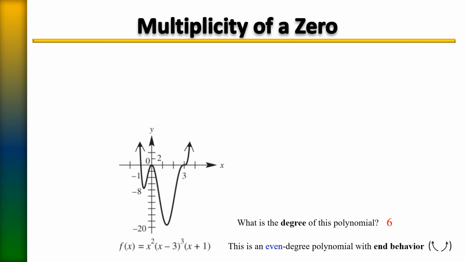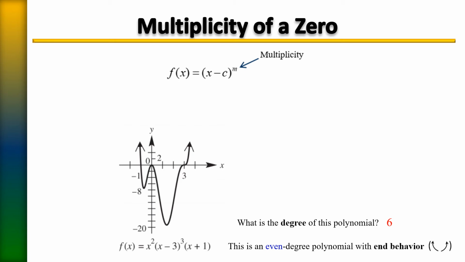Other things we want to know about this graph are in terms of its multiplicity. For odd multiplicity factors, it is going to cross the graph, and recall the multiplicity is the little number up top.